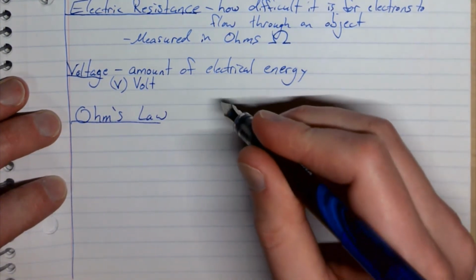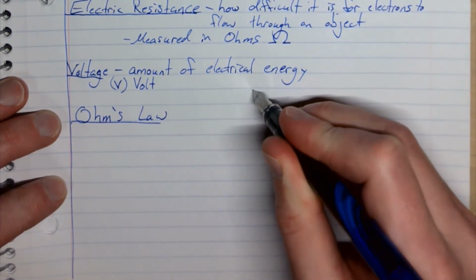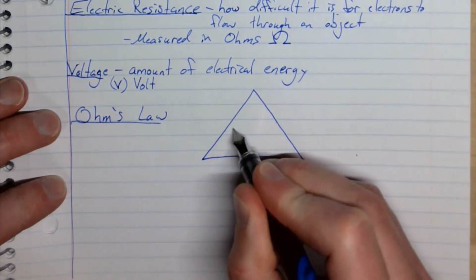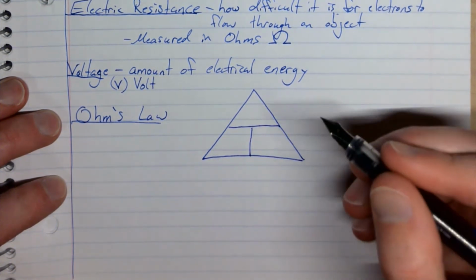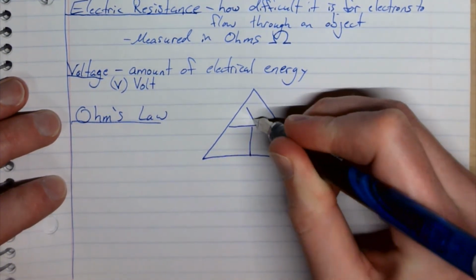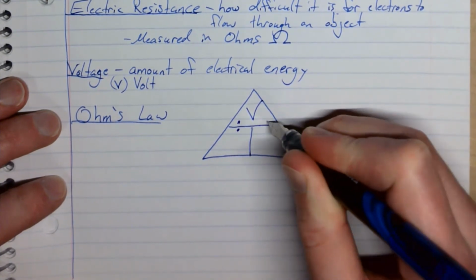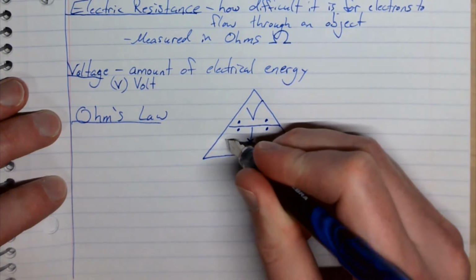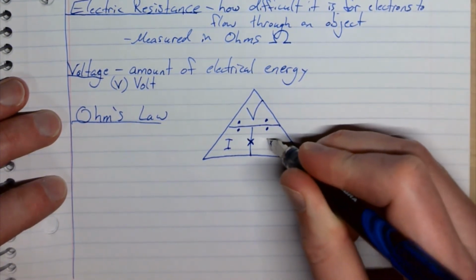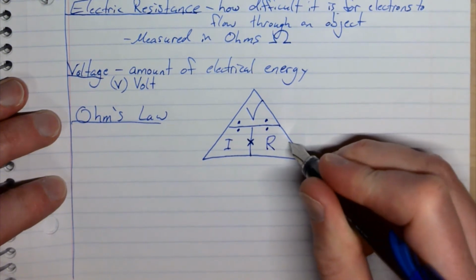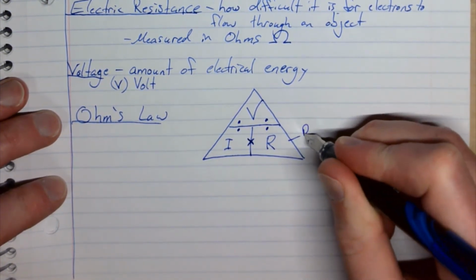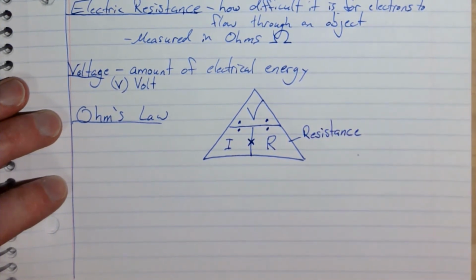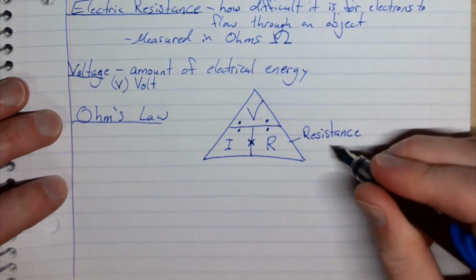And it's a magic triangle. So we have the voltage up top. Remember, if they're above each other we divide, if they're next to each other we multiply. We have the resistance on the bottom. So I would like you to label these. So the resistance, we're going to put ohms.